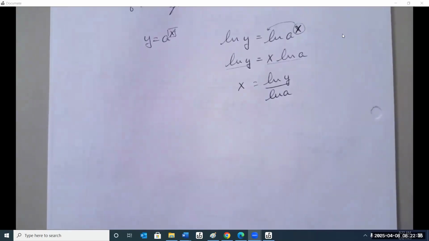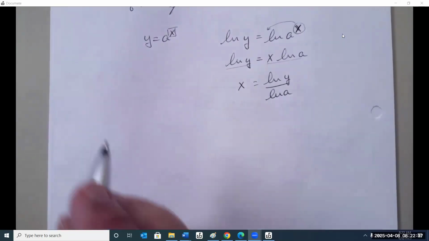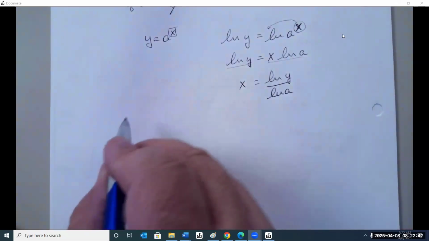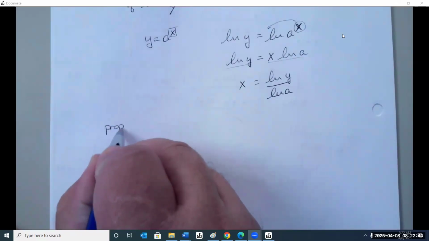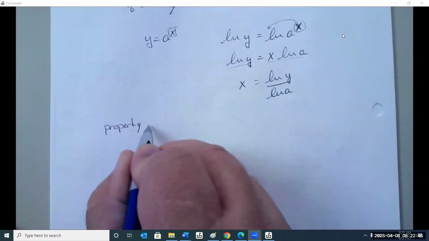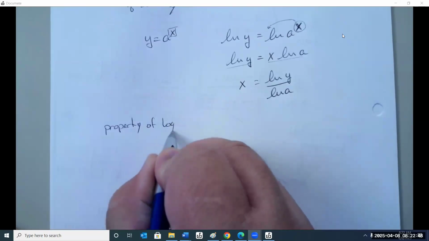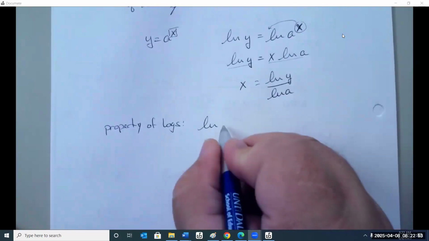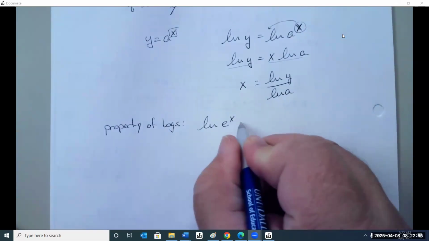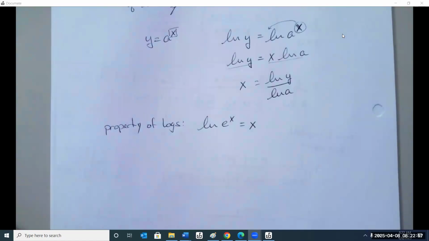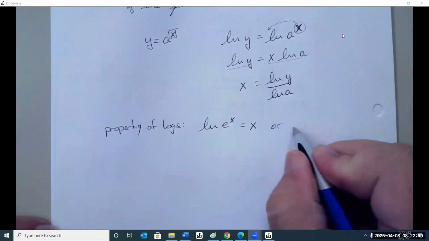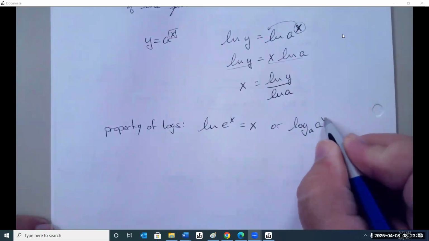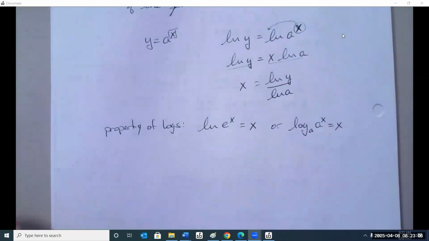More so, the properties we use here, there is a property that says this. The log base a of a to the power x is x.